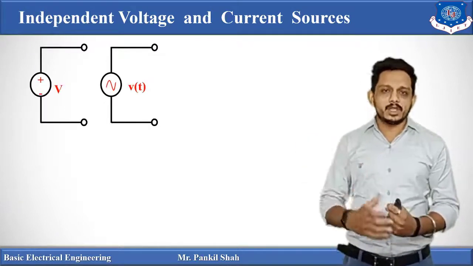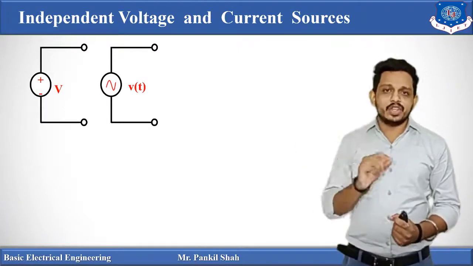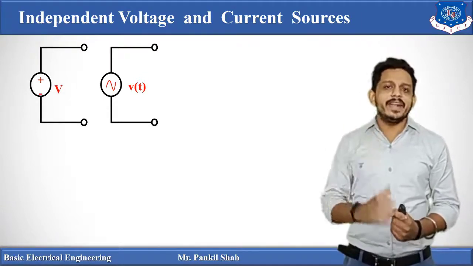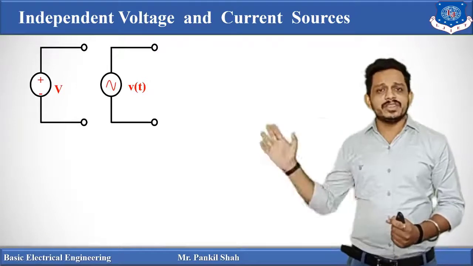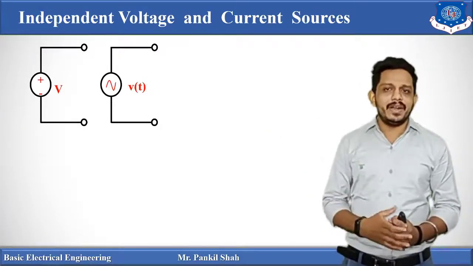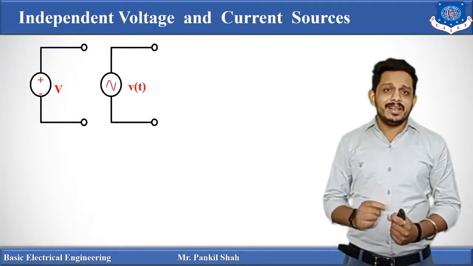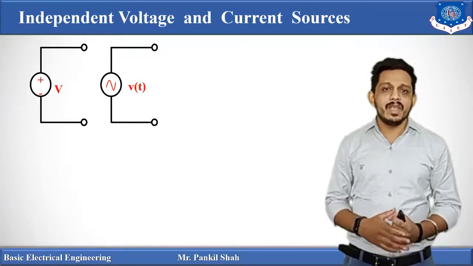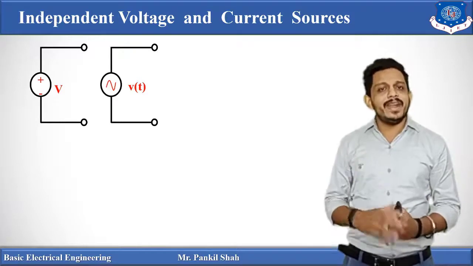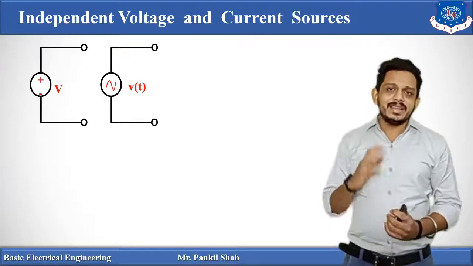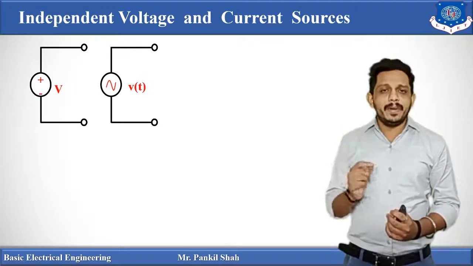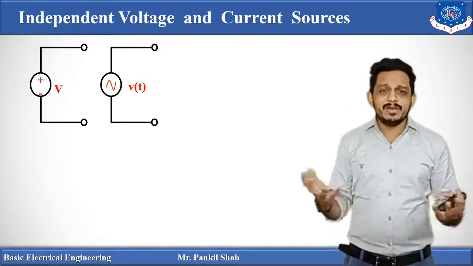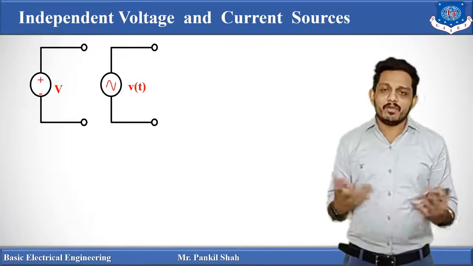So you can see this figure. One small round circle is used to represent independent types of sources. So you can see in this figure, there is an independent source. If that is the DC source, then the independent voltage source is represented by plus and minus, that means positive and negative sign, just similar to the positive and negative sign of a battery.